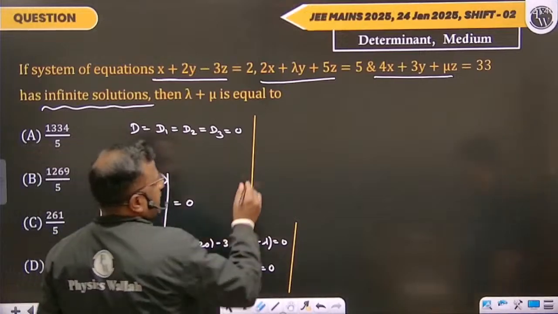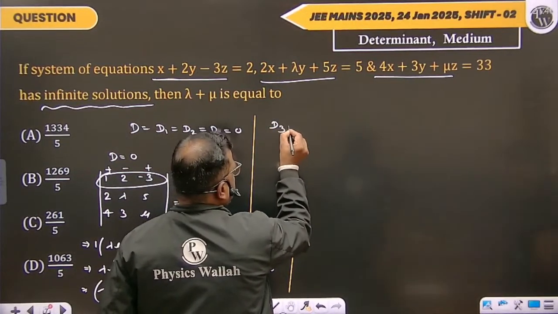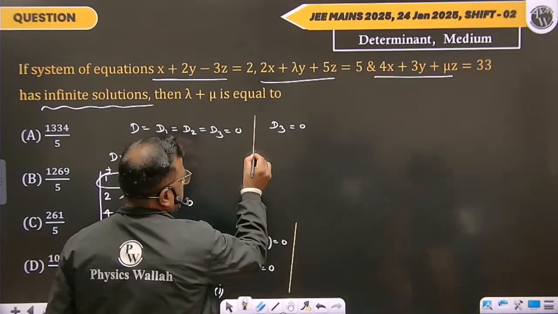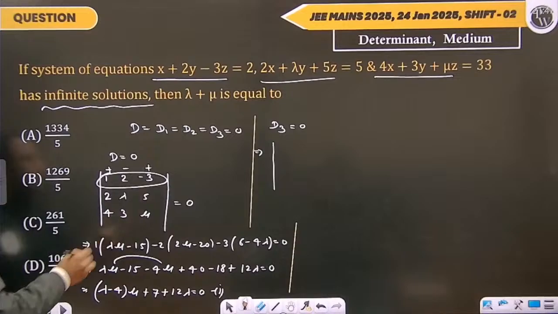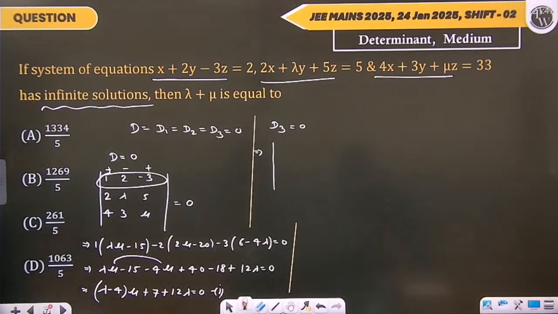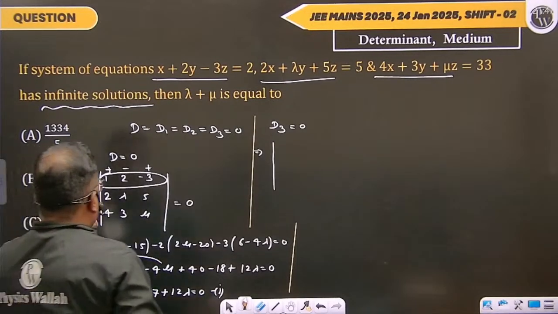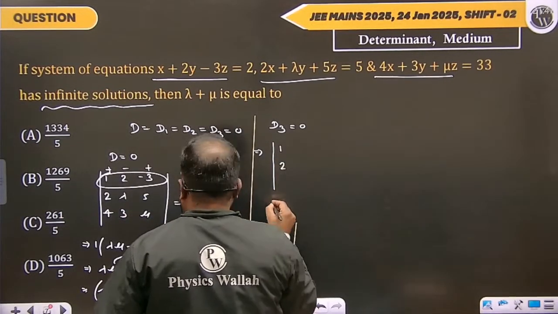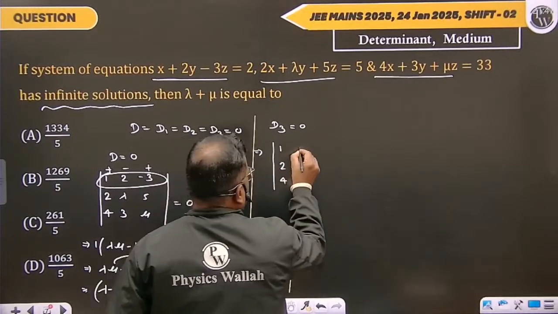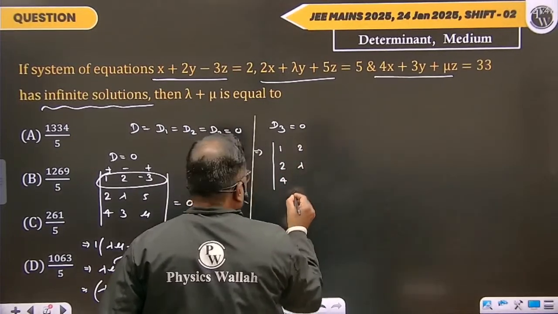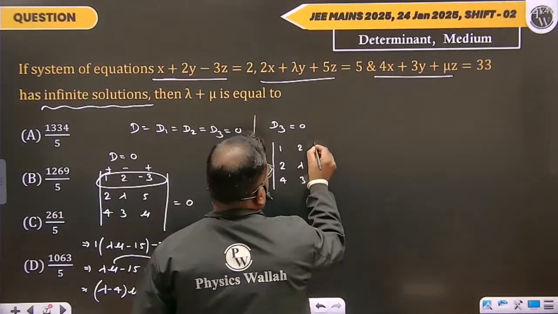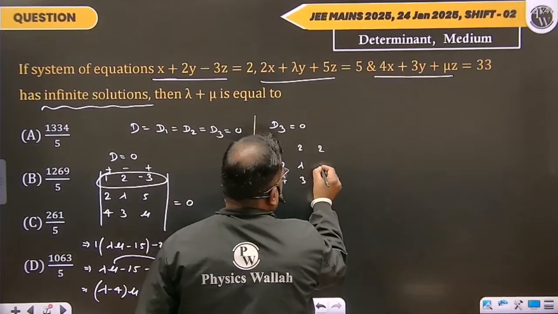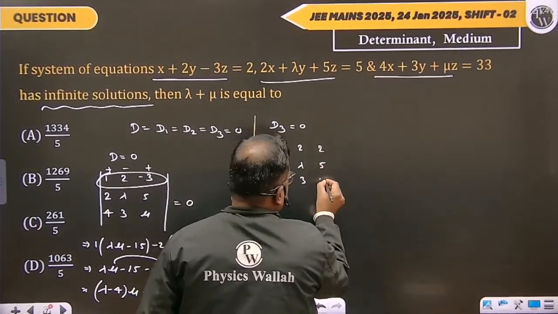Okay, next, second condition, we take D3 equal to 0. So what is the value of determinant D3? The third column is replaced by the constant values. Now 1, 2, 4; 2, lambda, 3; and the constant values 2, 5, 33.